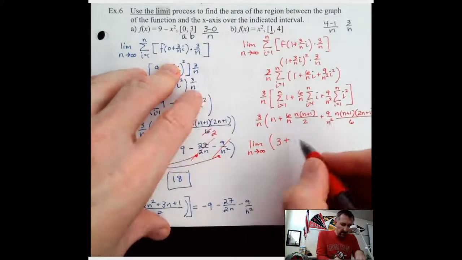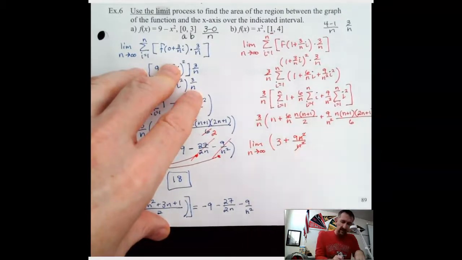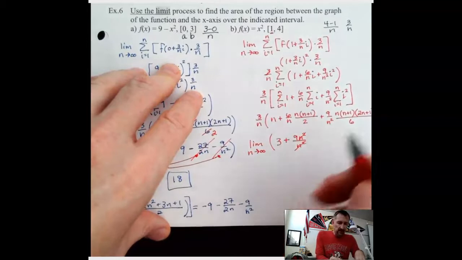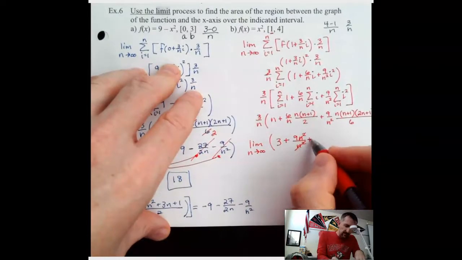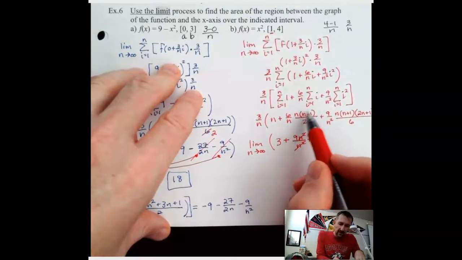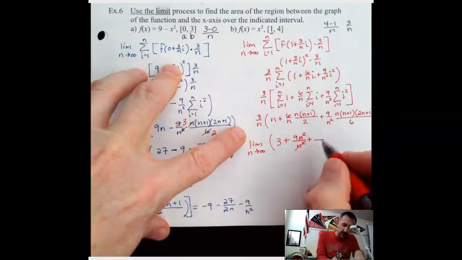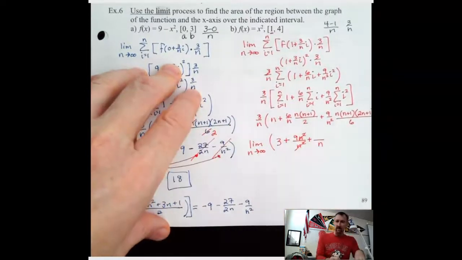Now, if you want to see that whole thing out, it would be 9n squared over n squared. But the n squareds are going to cancel. Now, the next term, I don't really care because I know there's only going to be one n, 6n times 3 over 2n squared. The point is that there's just going to be an n down here.